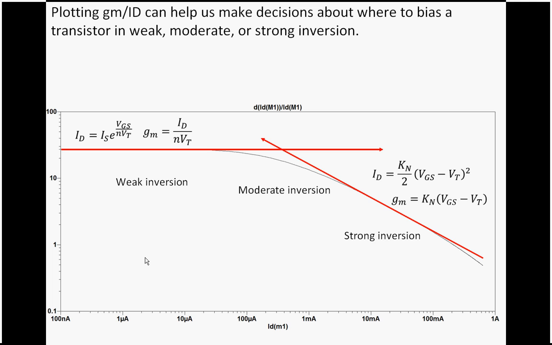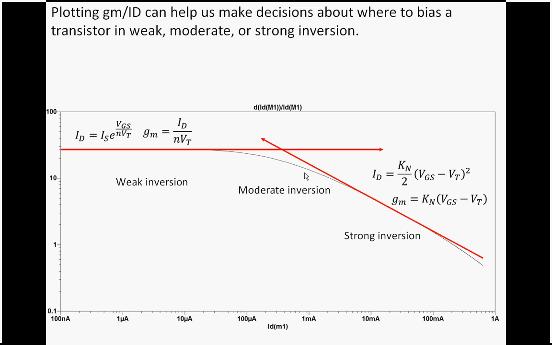Now, how can we put all this together? Well, we can plot GM over ID. Here's your ID and here's your GM. The lab manual shows you how to do it. What's really easy to see from this GM over ID plot is that where it's flat, it's weak.